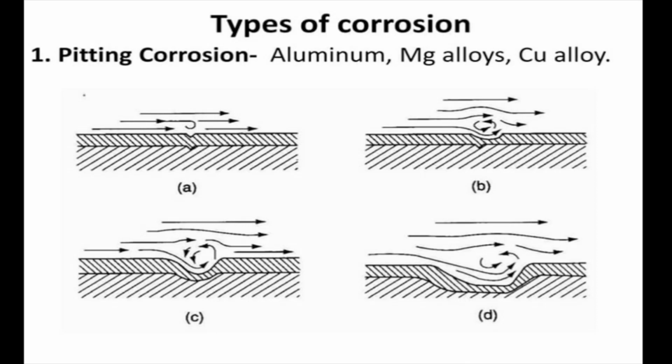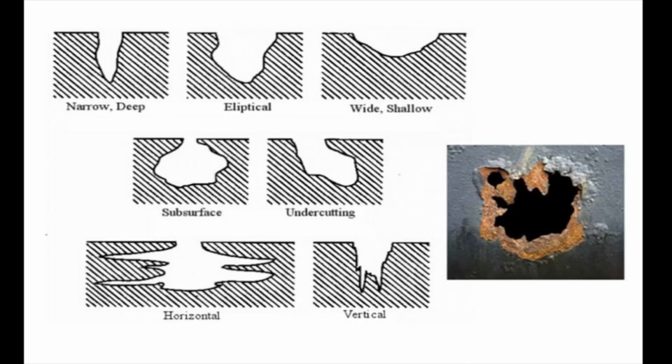As time passes, the affected region keeps increasing. The particular forms of this type of corrosion are narrow, deep, elliptical, wide and shallow, subsurface, undercutting, horizontal and vertical. These are the different types of pitting corrosion that are observed.